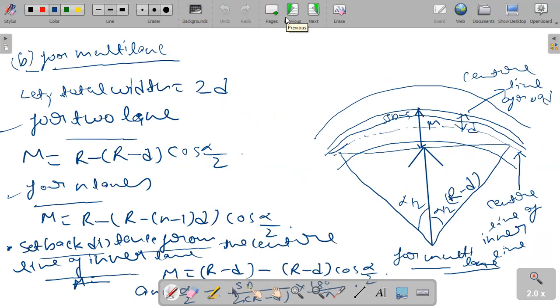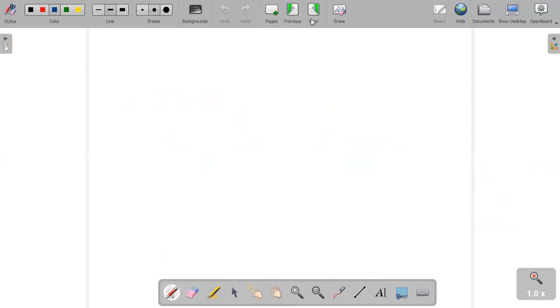Let's move forward to summit curve. Summit curve is our second last topic. Our last topic is valley curve.